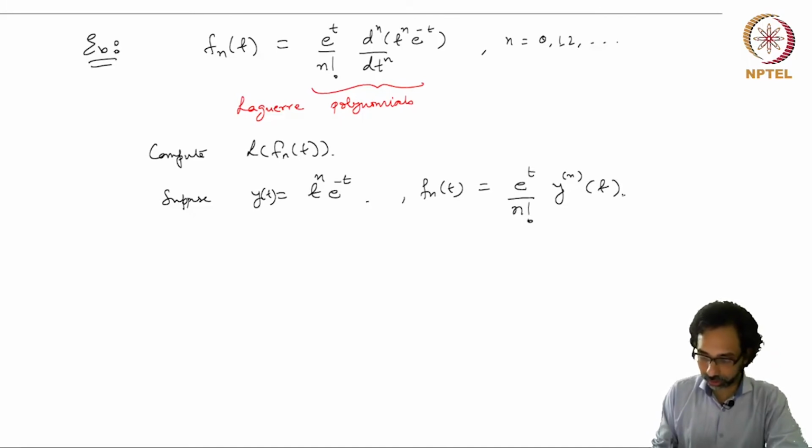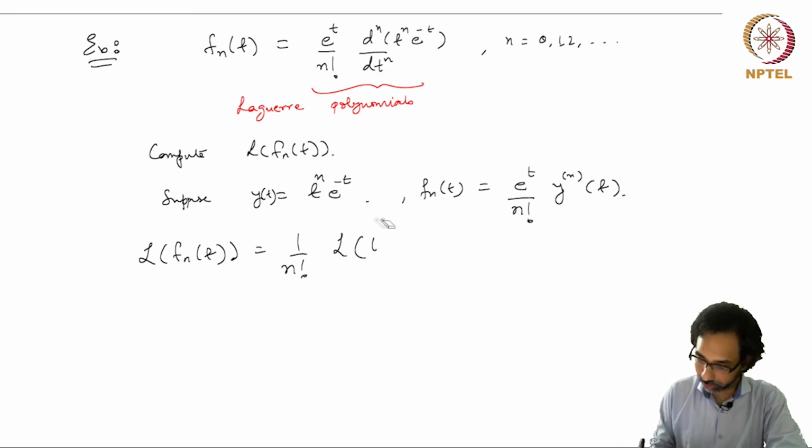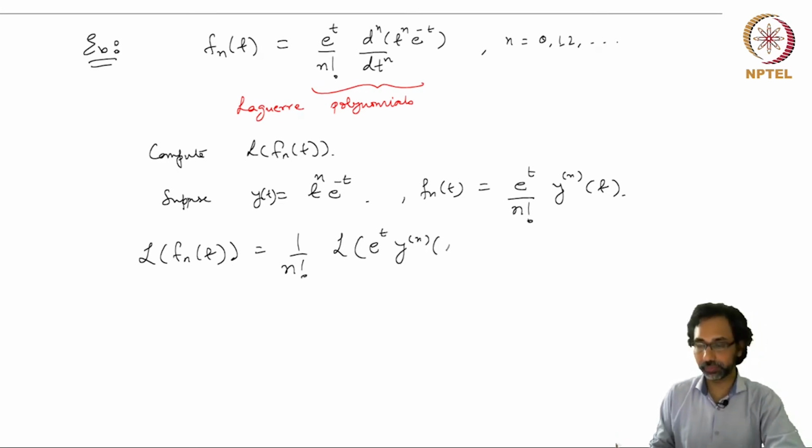So the Laplace transform of f_n(t) is 1 over n factorial, and you take the Laplace transform of e^t times the nth derivative of y.